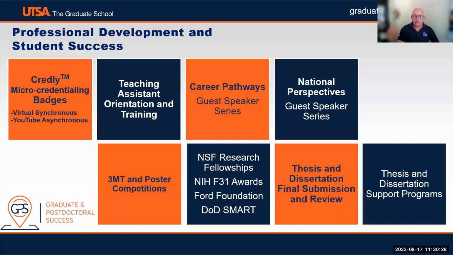If you participate in the 3MT, which means you've developed the slide for the presentation, developed the oral piece, gotten up in front of a group and presented, that's enough. We're not going to ask you to do more. For participating in the 3MT, you would get a micro-credentialing badge.